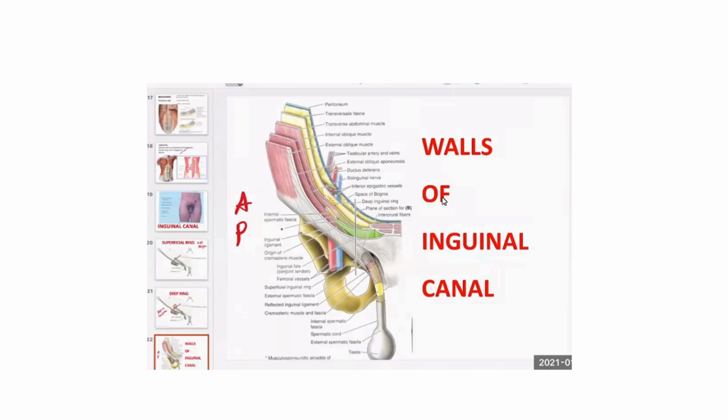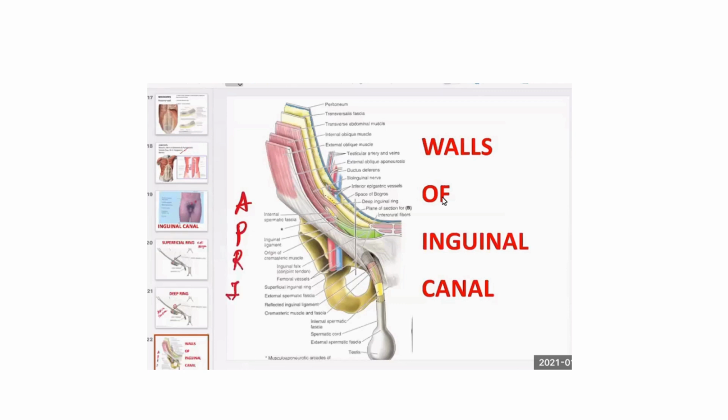What is posterior? What muscle did we leave? Transversus abdominis. Deep to that what fascia? Transversalis fascia. So that completes the boundary of the inguinal canal. Now you trace on the picture anterior wall, posterior wall, roof and floor.